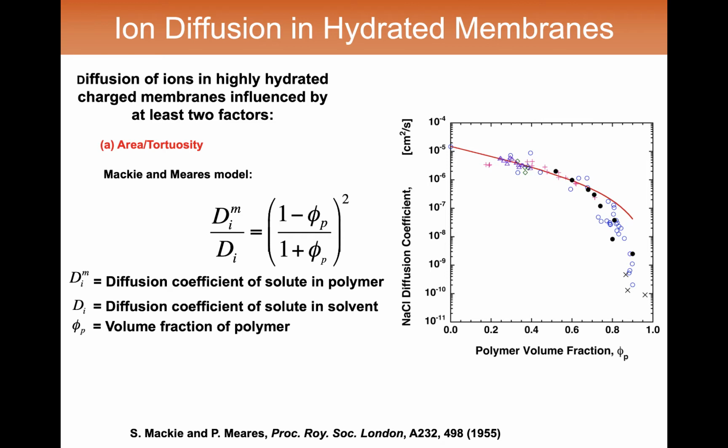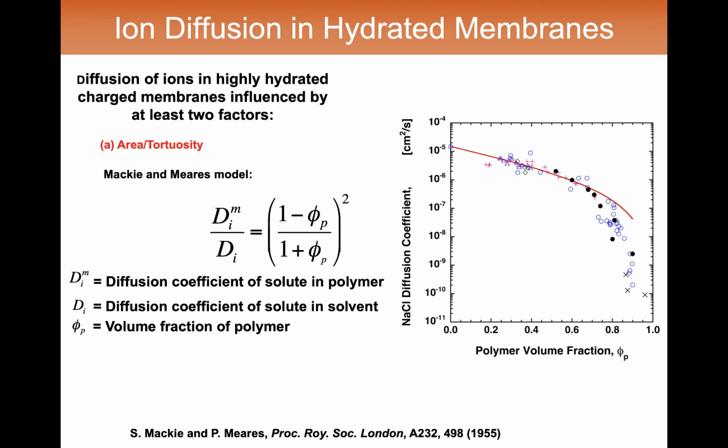There is a competing model, the so-called Mackie and Meares model, that actually in cases like these for charged materials has some advantages, and I want to explain what that is.